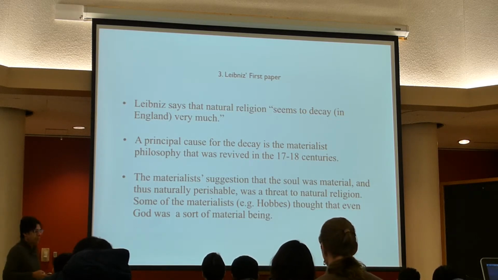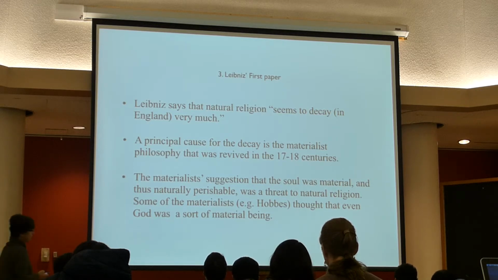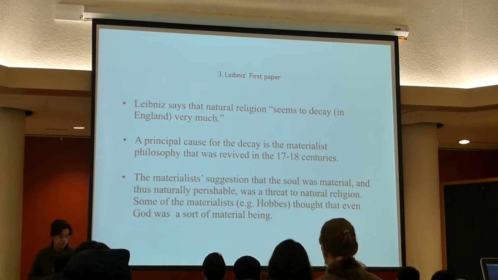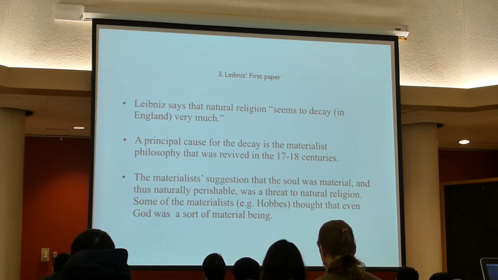Some were even more threatening. For instance, some thought that maybe even God was a material thing. And some of the materialists thought that there is no God, maybe. Or maybe they didn't want to say it explicitly, so they said that God is some kind of object. It's not an easy position to be an atheist.